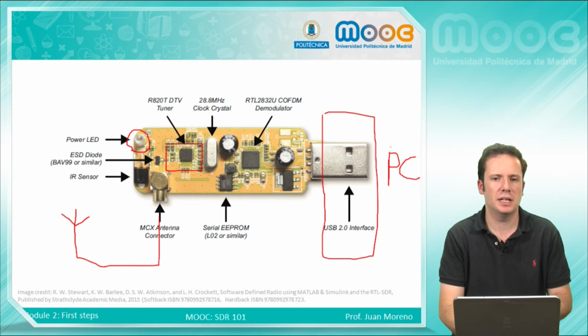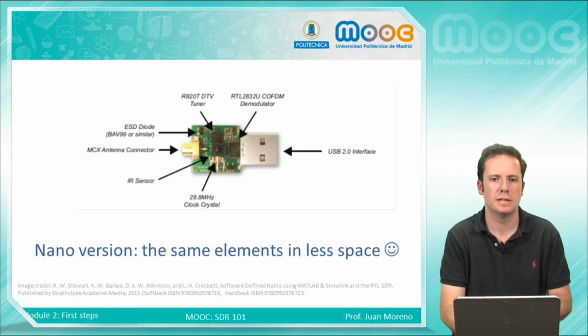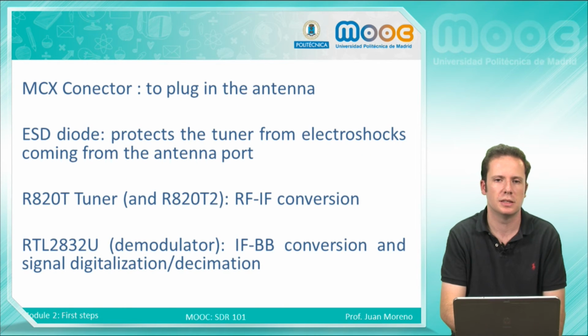From here you obtain the clock signal, very important in communications for synchronization purposes. And here you have the modulator. This is the nano version of this RTL, which has all the same elements as before, but here, as you can see, in less space.